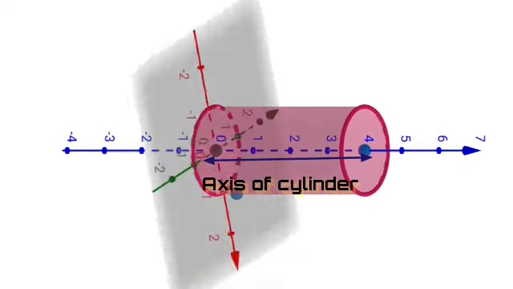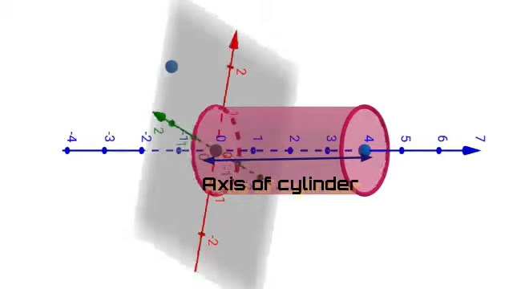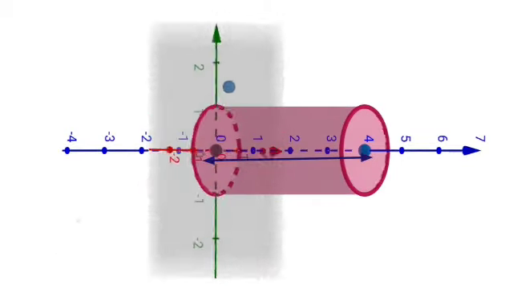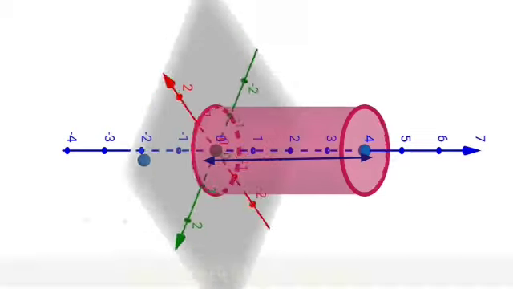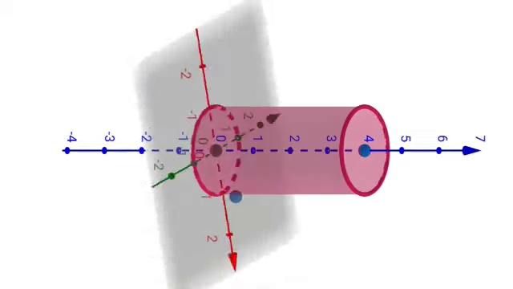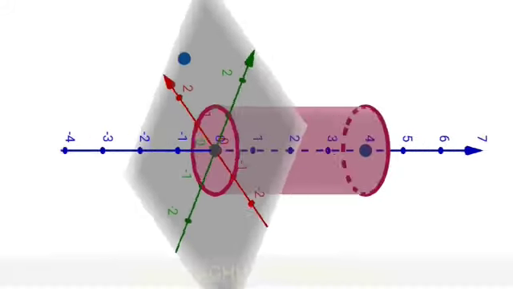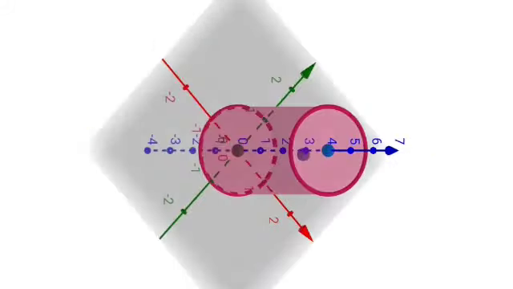If you join the two centers of these two circles, we get the axis of a cylinder through which it rotates. Now you can notice the circular base is on a plane and the height spreads over.